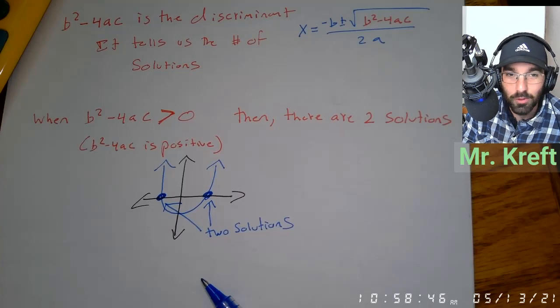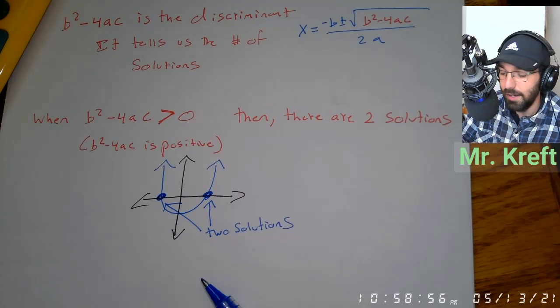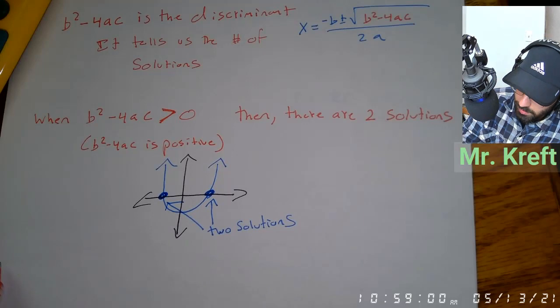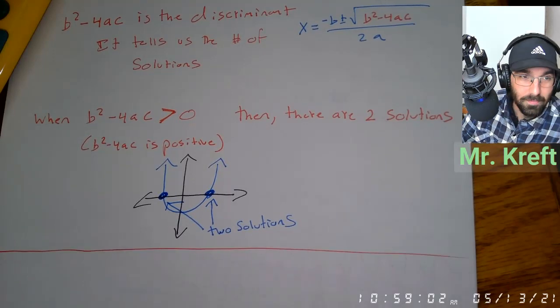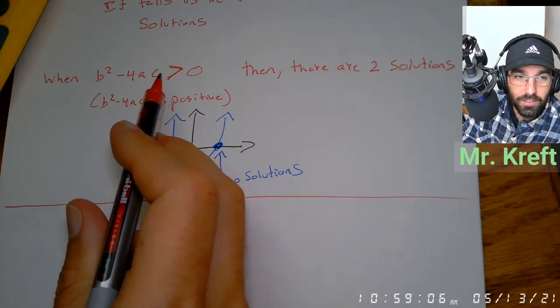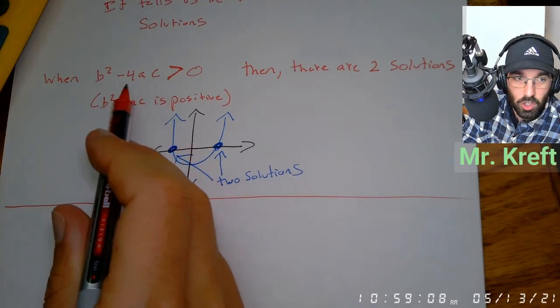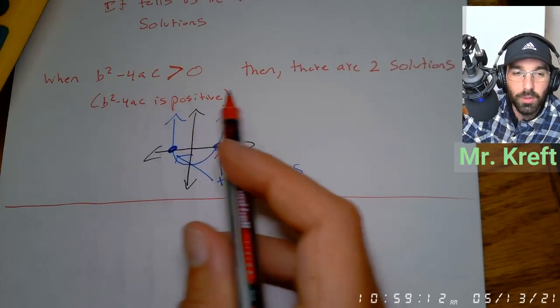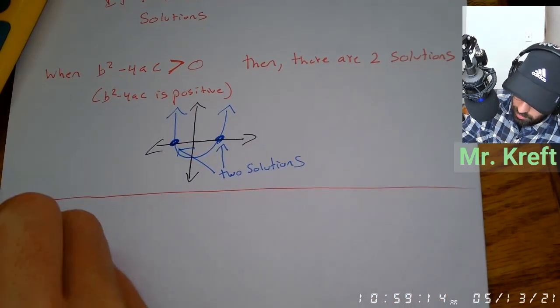Algebraically, the square root of a positive number is going to be plus or minus that, so there are two possible solutions. That's one scenario. So when the discriminant, b squared minus 4ac, is greater than 0, there are two solutions.